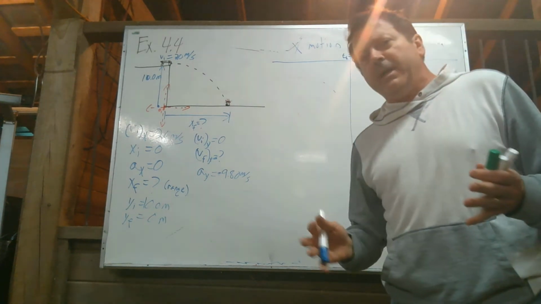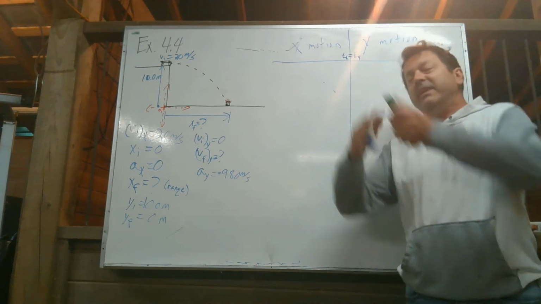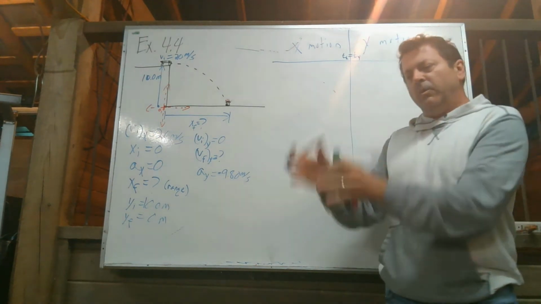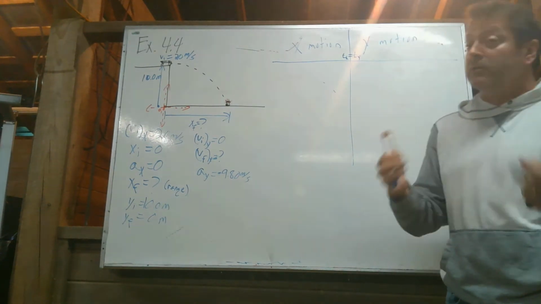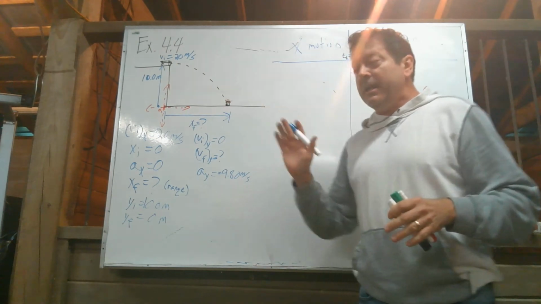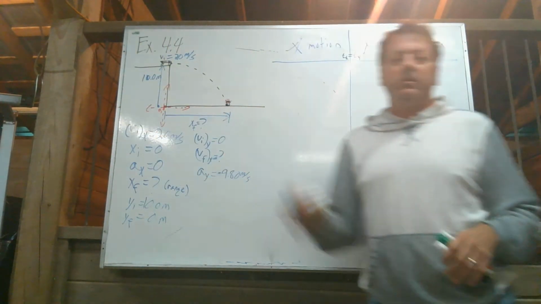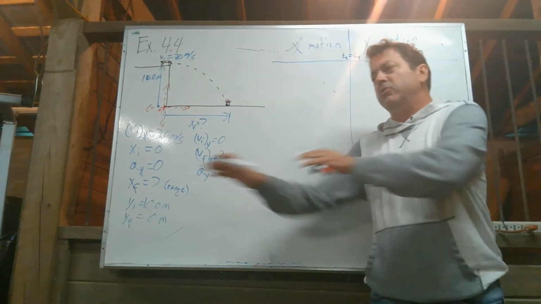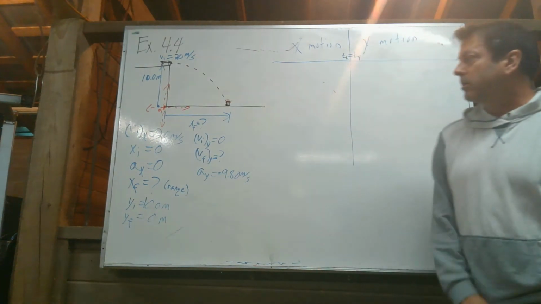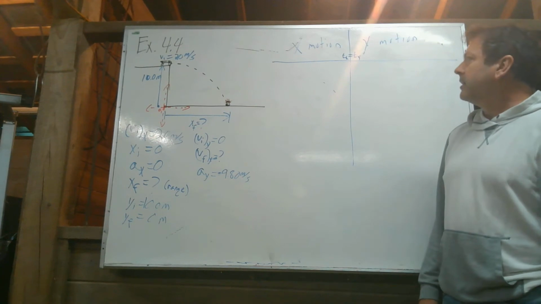Setting it up like this helps me separate my thoughts so I can only think in x and only think in y. Because projectile motion is a vector, we can break x and y motions down, and that will give nice curved motions. But we can treat x motion only and y motion only, because they're independent of each other. Okay?